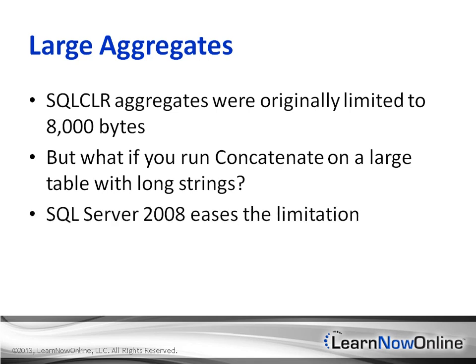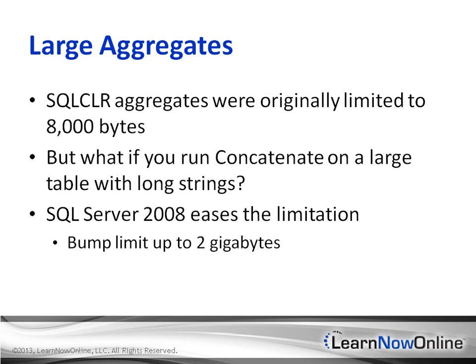The good news is that SQL Server 2008 eased that size limitation, bumping it way up to 2 gigabytes, which is the current limit. Frankly, if you're aggregating something that requires more space than that, you might want to rethink what you're trying to accomplish. But now it's possible to create a version of the concatenate aggregate that can hold reasonably large strings while processing a large number of records.